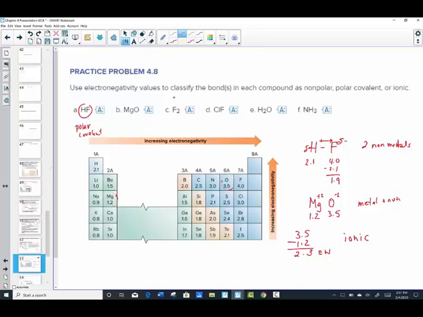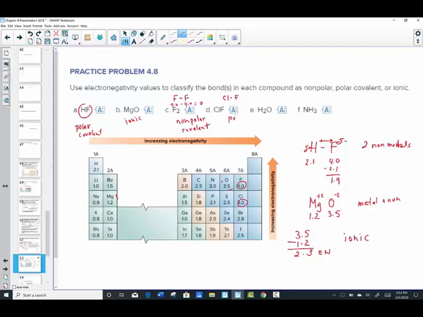Letter C, we have a fluorine bonded to itself. Clearly, the electronegativity difference is going to be 0 when I subtract an element from itself. So this is a nonpolar covalent bond. ClF. When I'm bonding fluorine and chlorine, the electronegativity difference is 1.